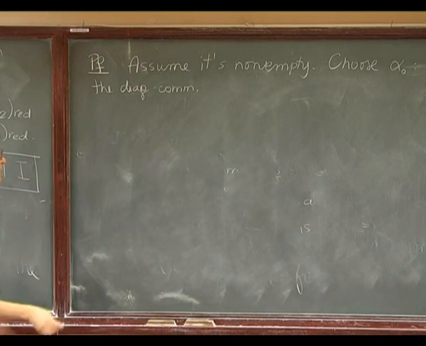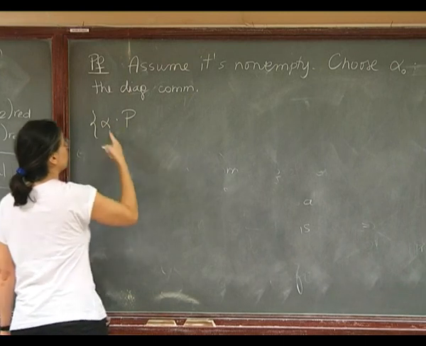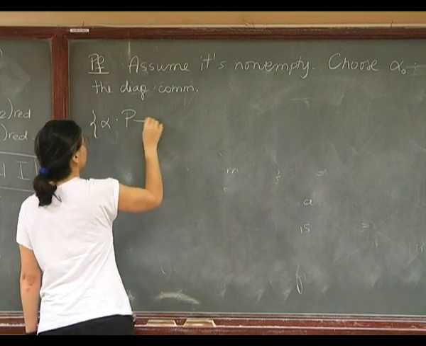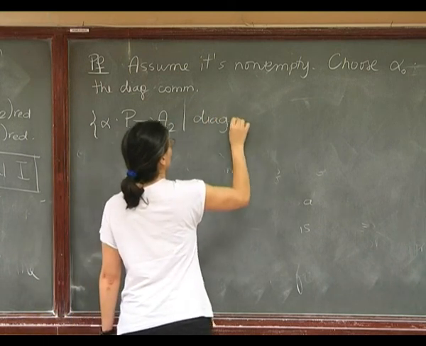So now let us consider an arbitrary map alpha. I take the set of alpha from P to A2 such that the diagram commutes.